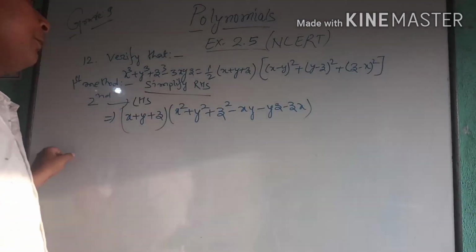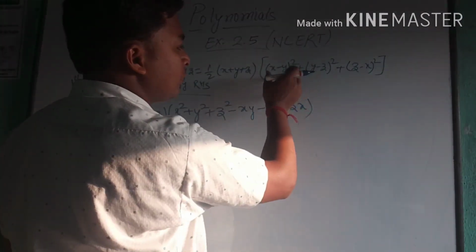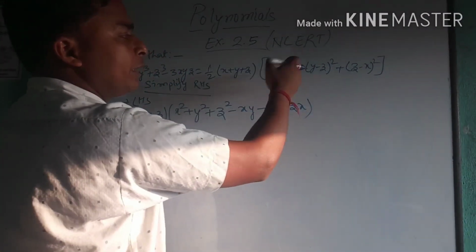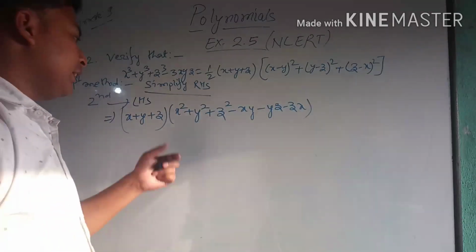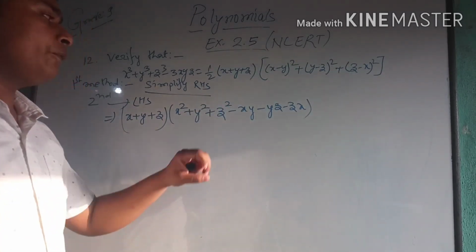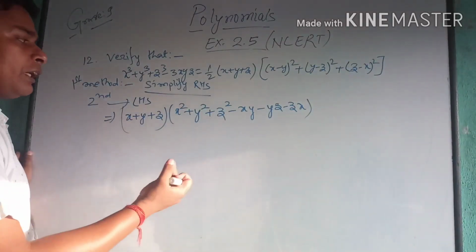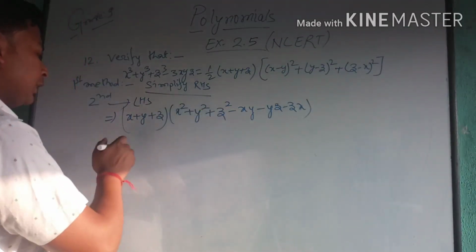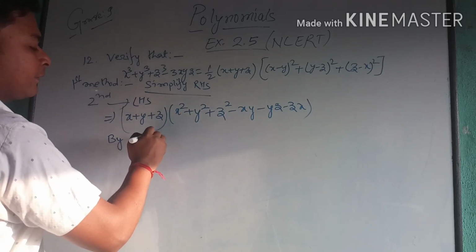Now my dear, we get an idea that we have to get it in terms of a square, b square and c square. x minus y whole square is equal to x square plus y square minus 2xy. Here it is x, here it is y, but to make it 2xy we require 2 to be multiplied.